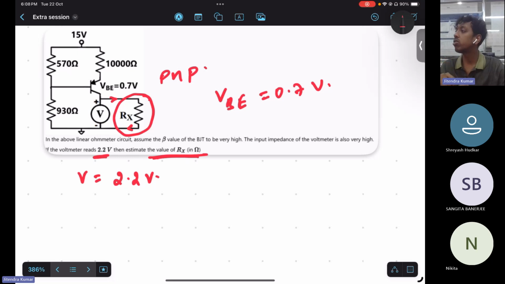The current that will flow through Rx, which current will that be, collector or emitter? The collector current. Excellent, that will be the collector current because it is a PNP transistor, right? So we just need to find out the collector current.